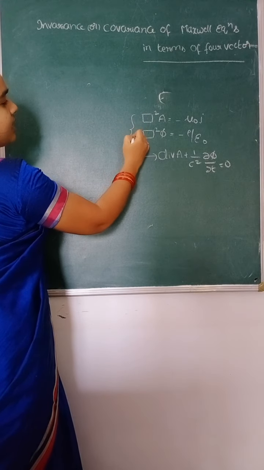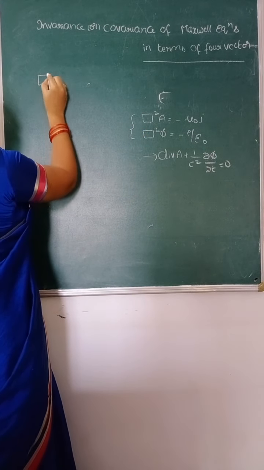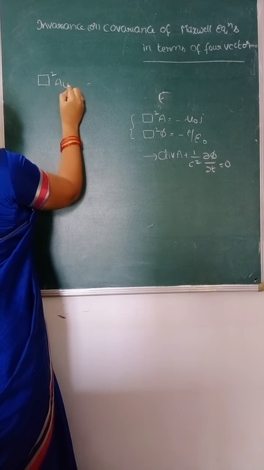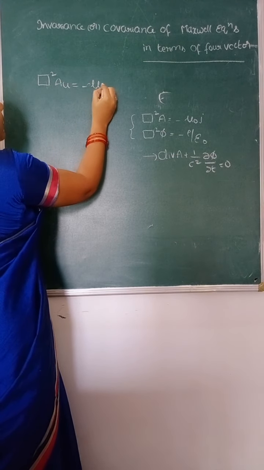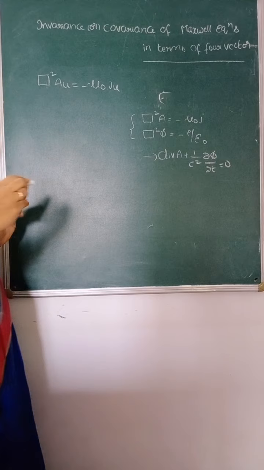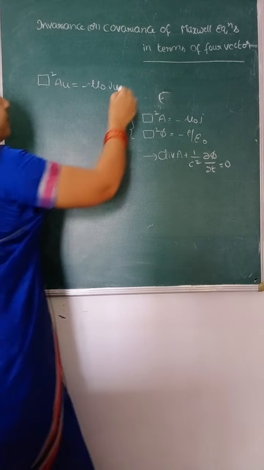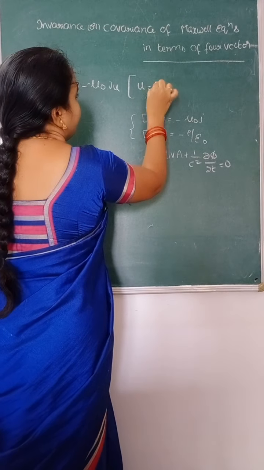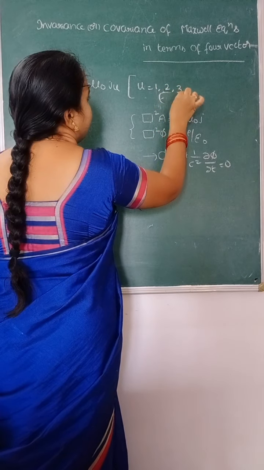In the previous class we derived del square A_mu is equal to minus mu naught J_mu. What are the values of mu? mu is equal to 1, 2, 3, 4.